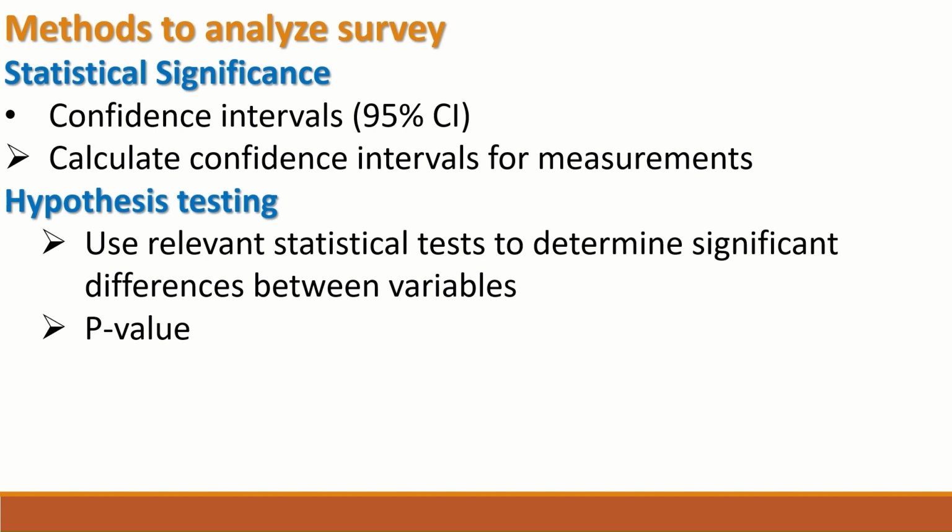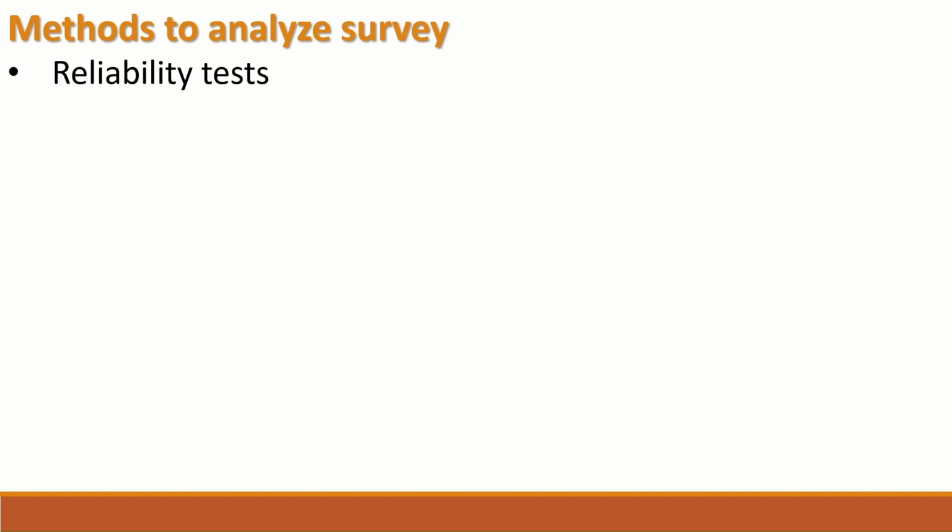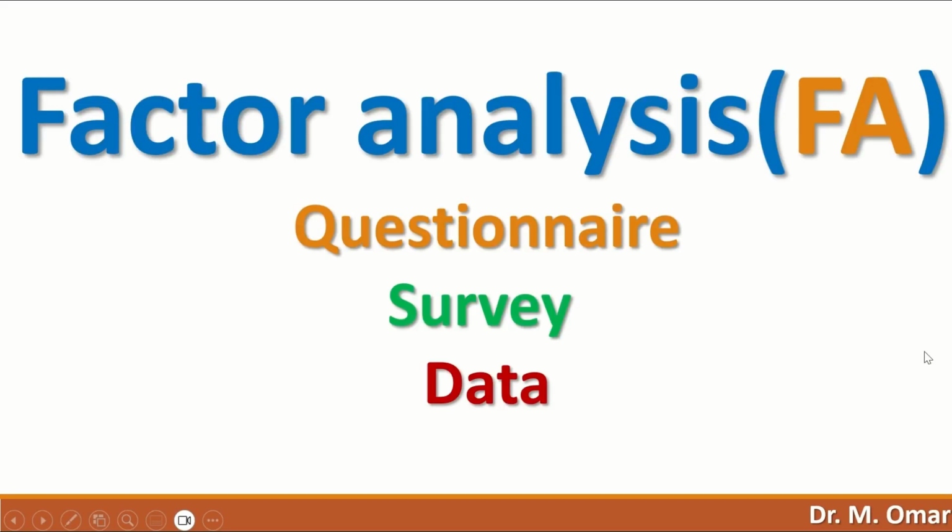So the 95% confidence interval and p-value for statistical significance of the differences or relationship or correlation between data. And also an essential test to perform is the Cronbach's alpha for testing internal consistency of the items or the questionnaire, and the validity test for the questionnaire or the survey.